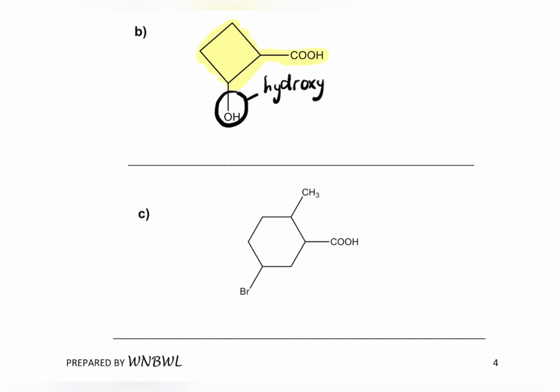If you want to give the numbering, the carbon that holds the carboxyl group here will always be the first carbon. So this will be the first carbon, and this one will be the second carbon. Hence, the full name for this one will be 2-hydroxy cyclobutane carboxylic acid.